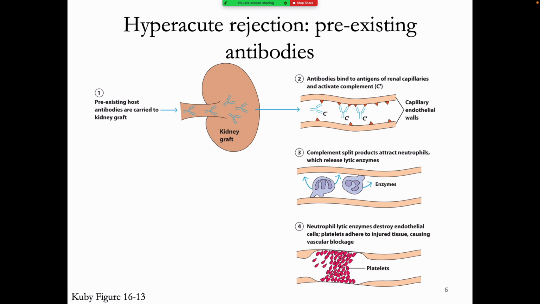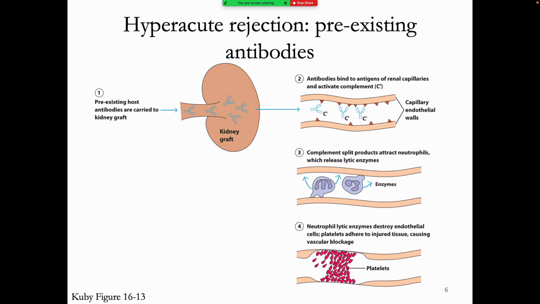The key thing about the antibodies in hyperacute rejection is that these antibodies were pre-existing. So these are antibodies that you already had. You didn't have to make those antibodies. The antibodies were already there. That means those antibodies can bind to the cell surface antigen right away, as soon as you get that transplant.